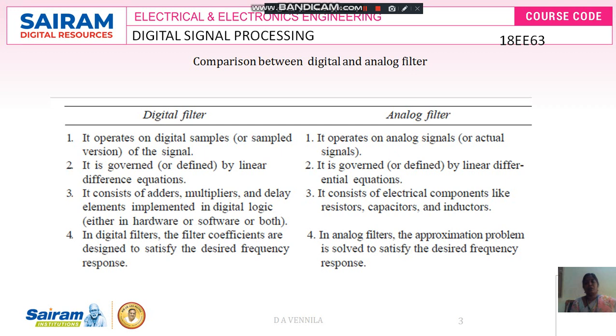In a digital filter, the coefficients are designed to satisfy the desired frequency response. In an analog filter, the approximation problem is solved to satisfy the desired frequency response.